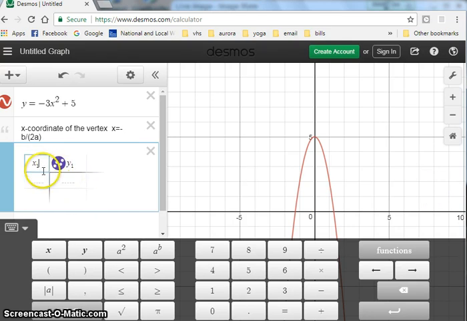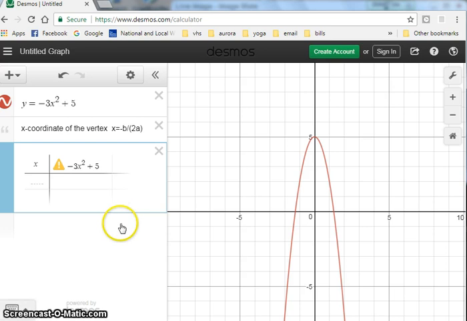Go up to the very top of the table and change this to x, and instead of y1, erase that and put the expression for y. So I'm going to put negative 3x squared plus 5. That's going to be everything in the right-hand column.